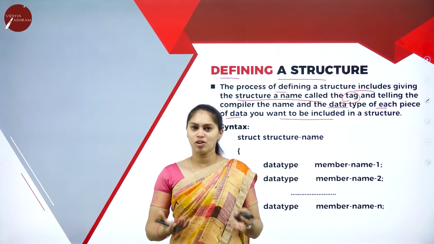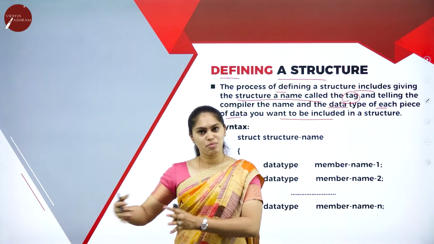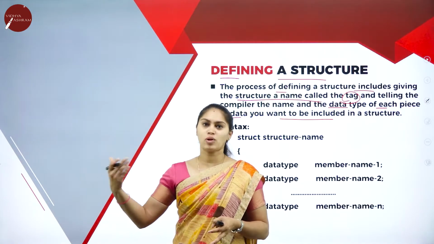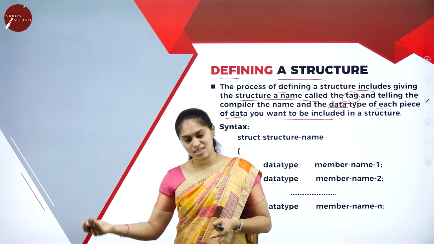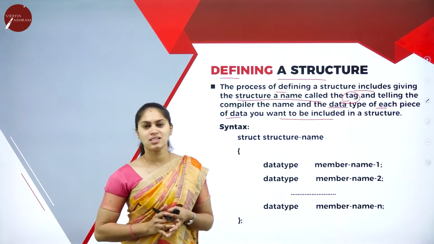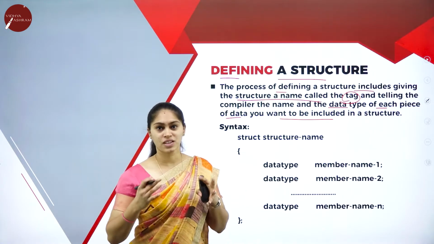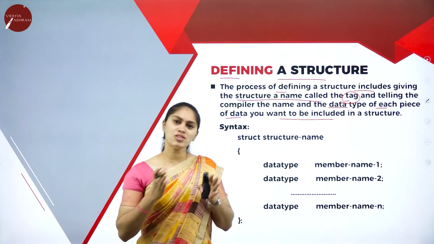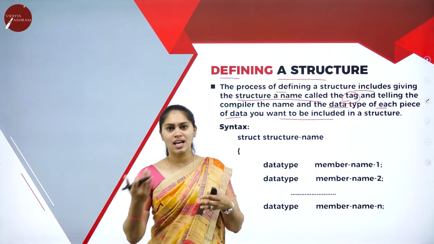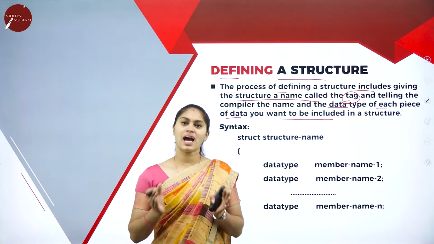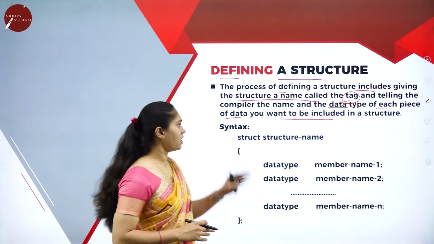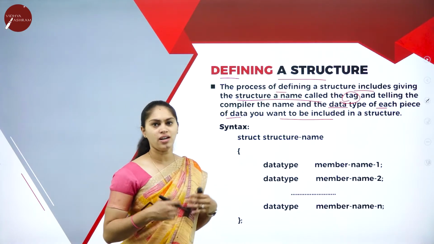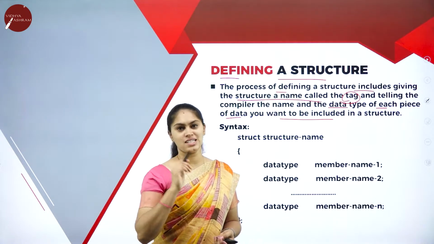Whether it is having any of the groceries, if yes, then what kind of grocery it is, whether it is a dal or some of the powders, that I need to specify. So here also, defining a structure is nothing but I have to specify the name of a structure as well as what are the members that we have in a structure. That is nothing but the definition of a structure, or I can say the structure of a structure.